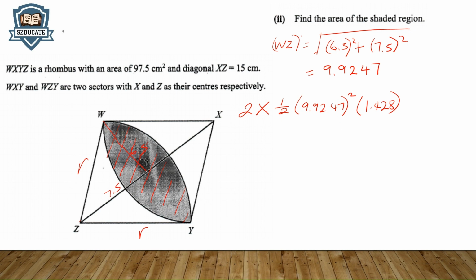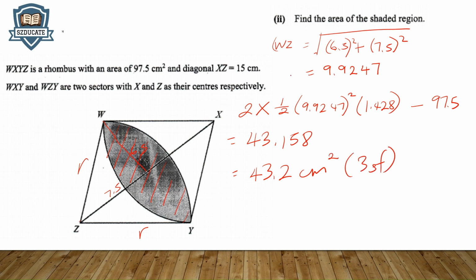So this is the two sectors minus away my rhombus area, 97.5. That would give me the shaded region. 2 times half just cancels to give me 1. So it's just 9.9247 squared times 1.428 minus 97.5. Otherwise, you can just press the calculator in one go and you will get 43.158. To 3 SF, 43.2 cm squared.